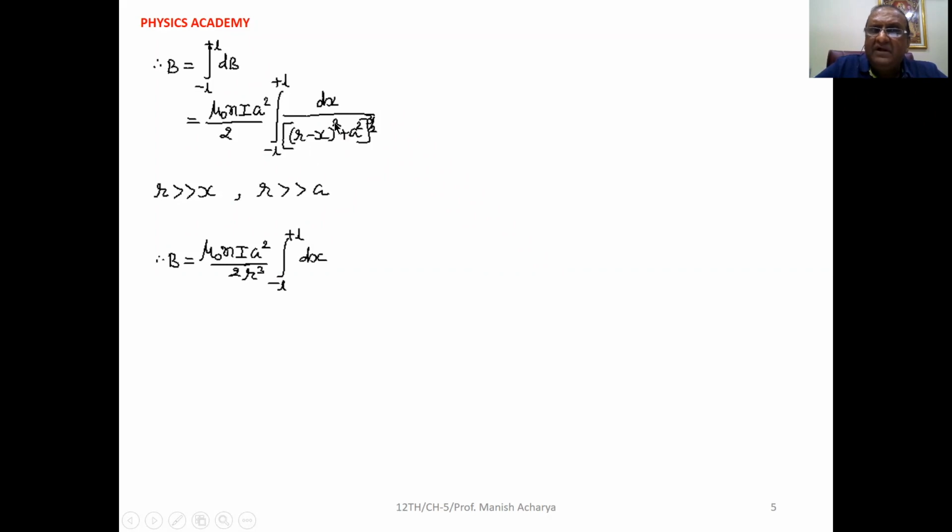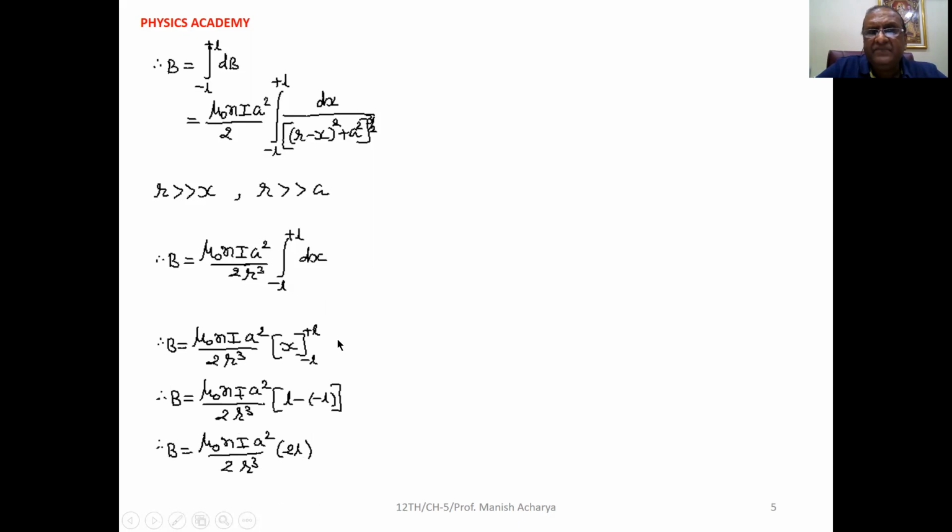Then compared to r square plus a square, you can neglect a square also. So resultantly, this denominator will be r square raised to 3 by 2, which means r cube, that is constant, so again taken outside the integration. So now mu 0 n I a square upon 2r cube, integration from minus L to plus L of dx.